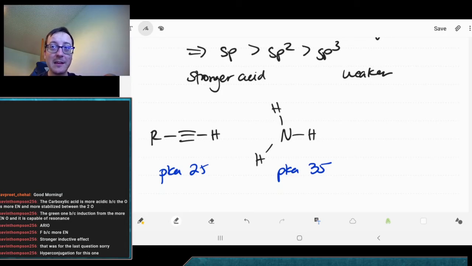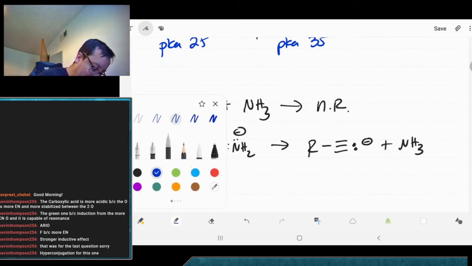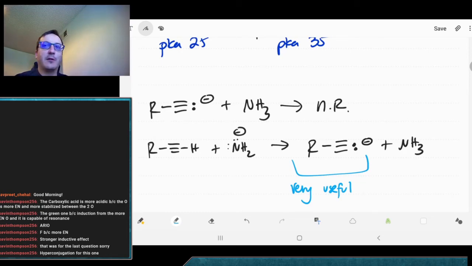Synthetically speaking, this is a very useful reaction, this bottom reaction here. Very, very useful. We're going to see that making carbon-carbon bonds is not very easy to do. Having this substance here, the acetylide ion, is very useful for synthesis.